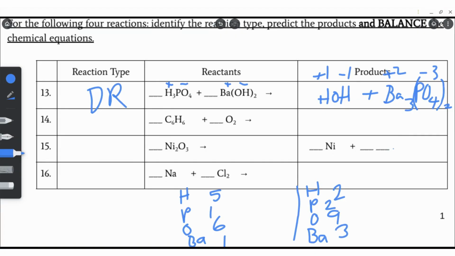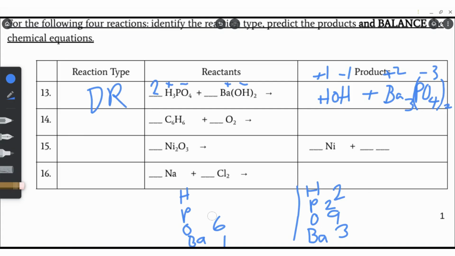A good rule of thumb when balancing is, if you have a polyatomic ion, to try to balance that first. So I'm going to try to get the number of phosphates balanced on each side. We have 2 here, we only have 1 here. So I'm going to see what happens when I put a 2 in front of that phosphoric acid at the beginning.